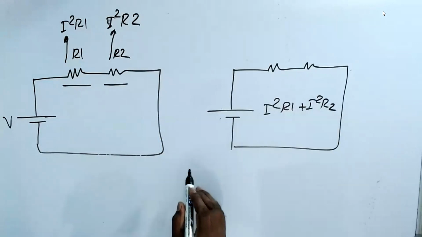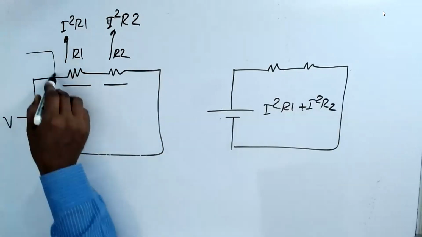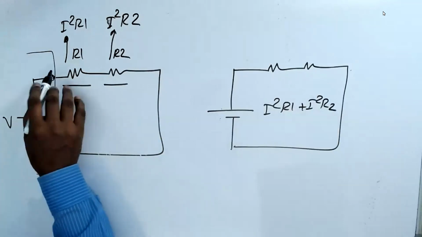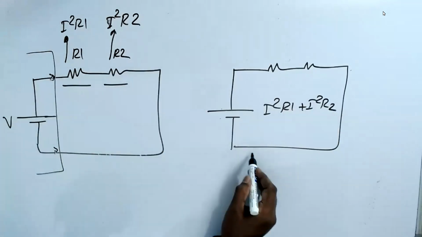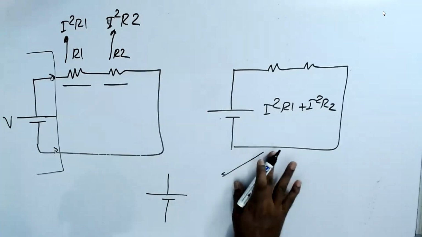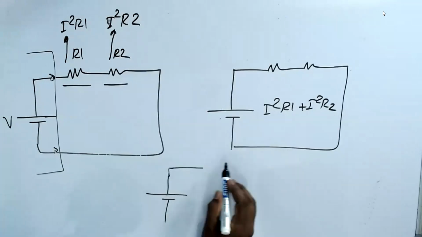Now for this voltage source, it will see the circuit as one resistance, not multiple. So if you make this a single one, that is an equivalent.